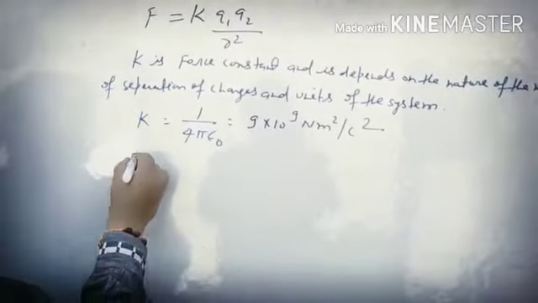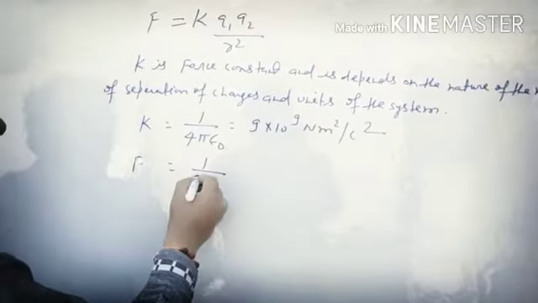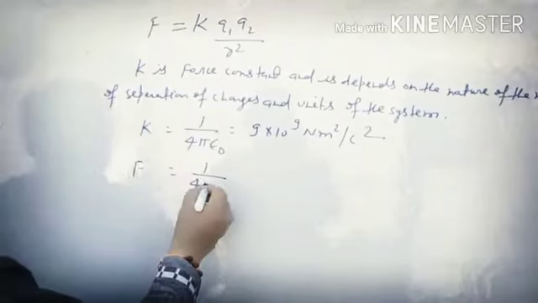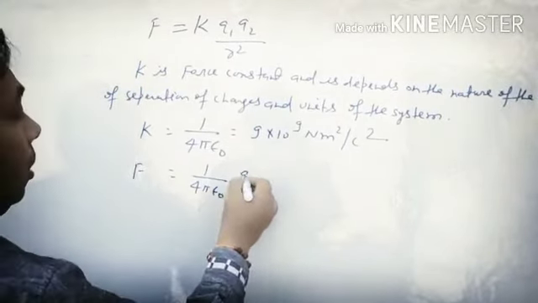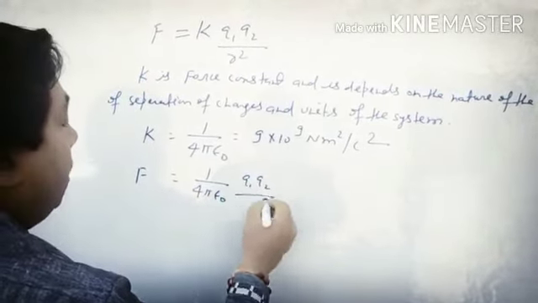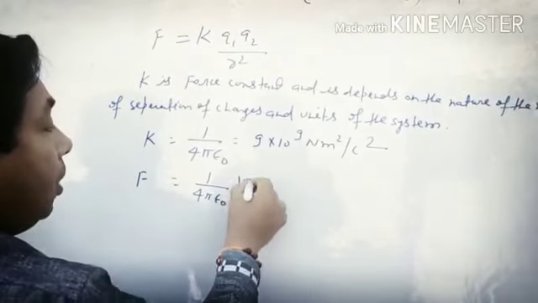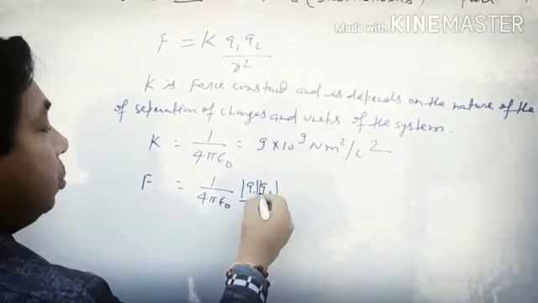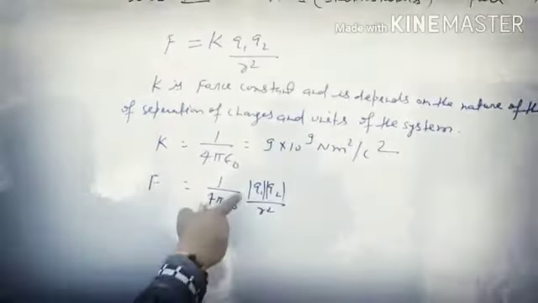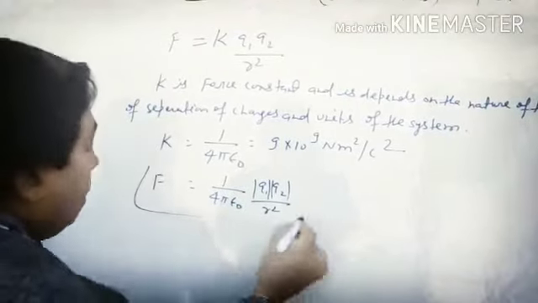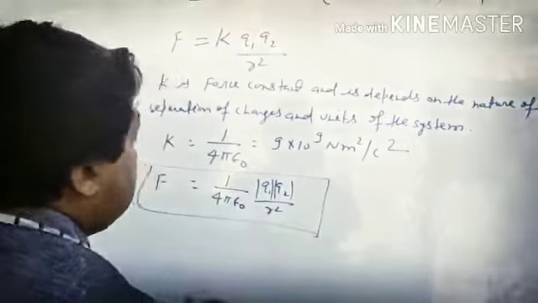Now, we can write the force as F equals 1 upon 4 pi epsilon naught Q1 Q2 divided by r square. Q1 and Q2 are the magnitudes of the charges, in coulombs.